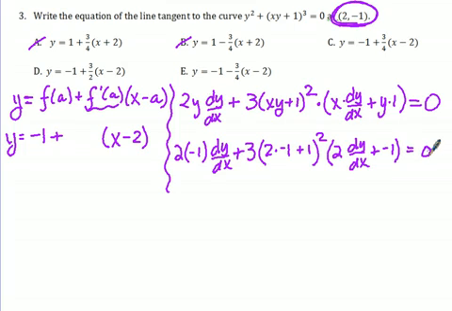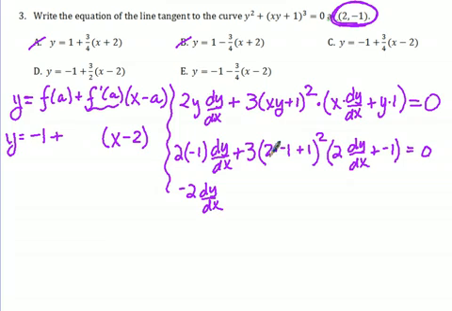Now here's where we need to be really careful and not make mathematical mistakes. This is going to be -2 dy dx. In here, I need to work what's inside the parentheses first, then I'm going to do my exponent, then I'm going to multiply by 3. Remember your order of operations, PEMDAS: parentheses, then the exponent, then multiplication.